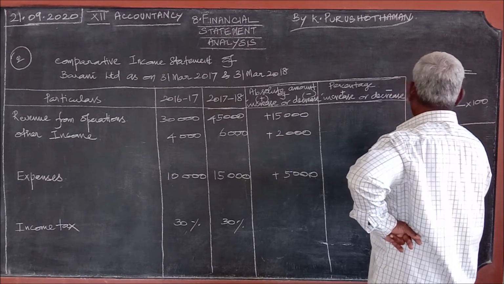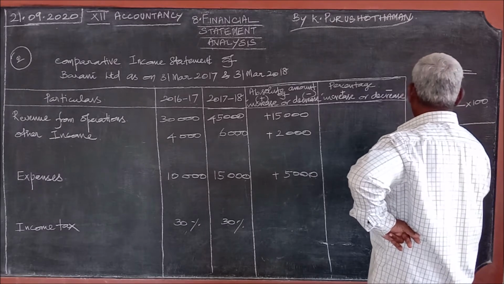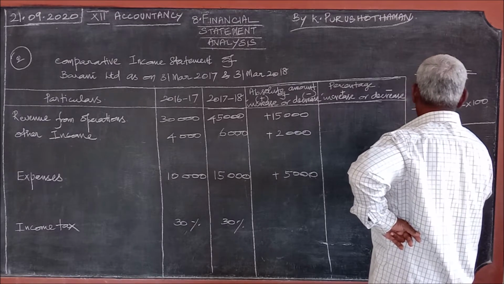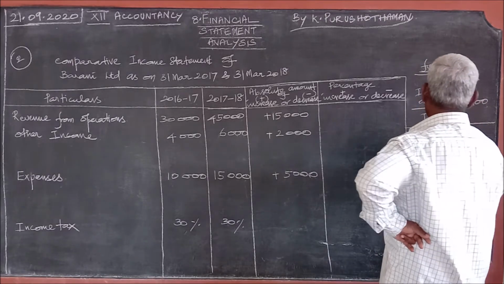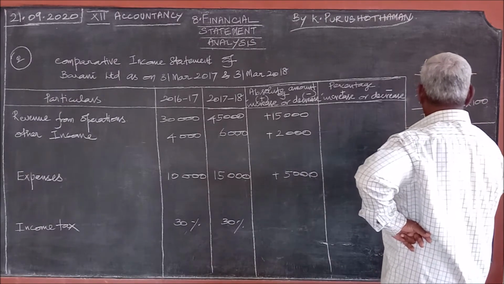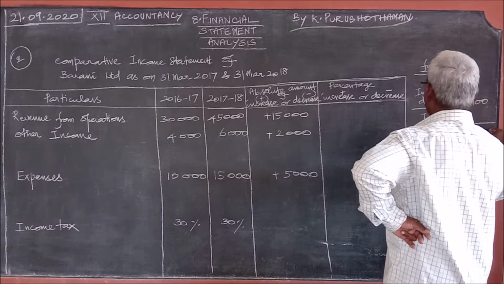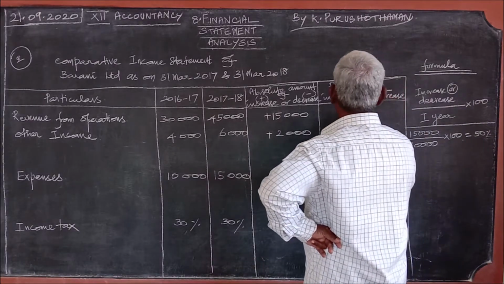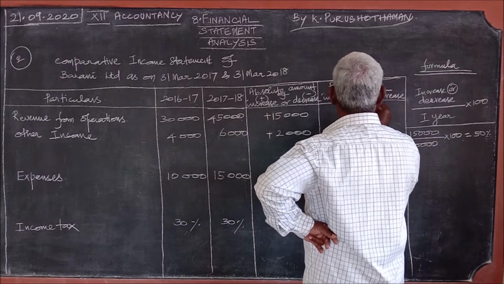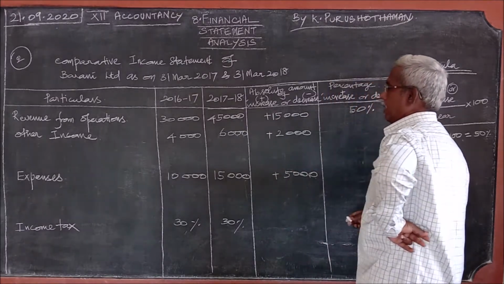For the first one, 15,000 is the increase, divided by first year 30,000, into 100. 15,000 by 30,000, if you simplify, 100 by 2, it is 50%. So we can write 50%. It should be mentioned in percentage.